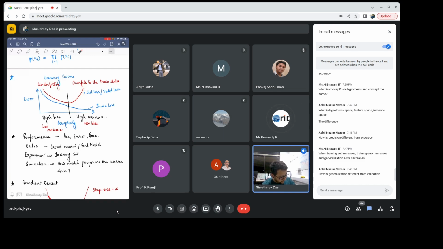This error between the test loss and the training loss is said to be the generalization error. It measures how well your model performs on unseen data. So that is what is meant by generalization.